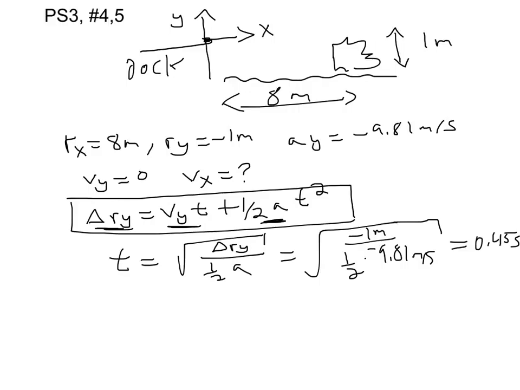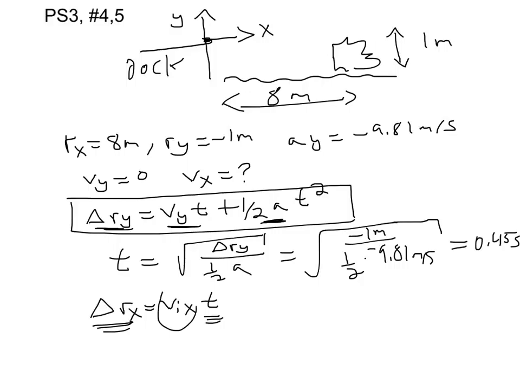In the next step, we'll use our equation for the horizontal displacement. Delta Rx is equal to the initial velocity in the x direction times time. Here in the x direction there's no acceleration component because we're ignoring any possible effects of air resistance. We know the horizontal displacement, and we know the amount of time that the dog is in the air, which is governed by how quickly it falls and makes contact with the water.